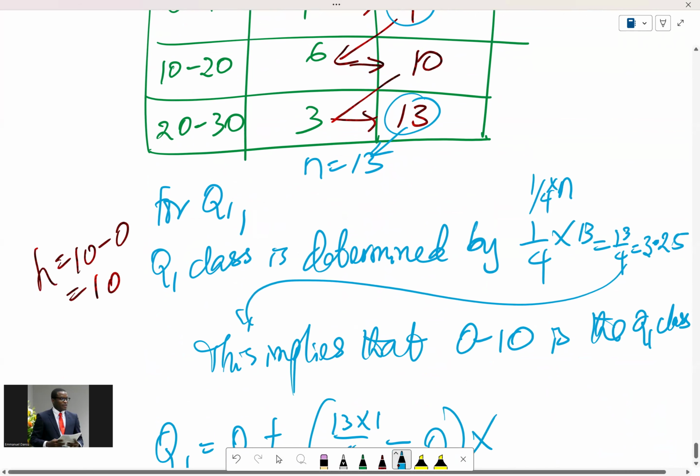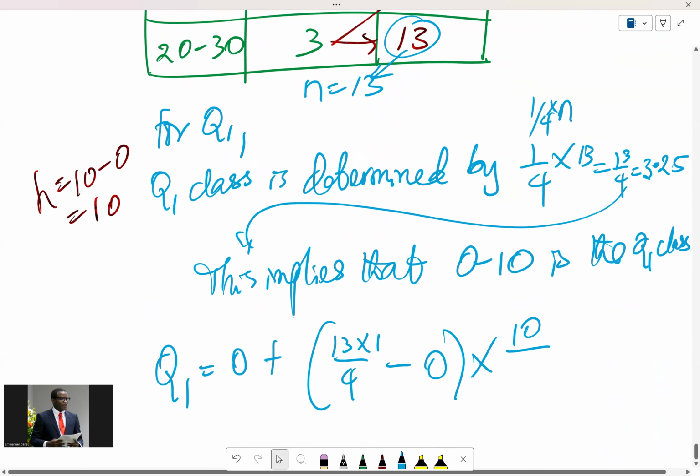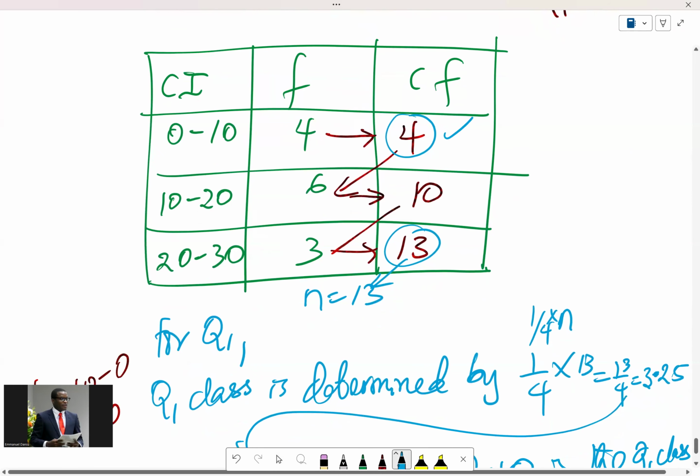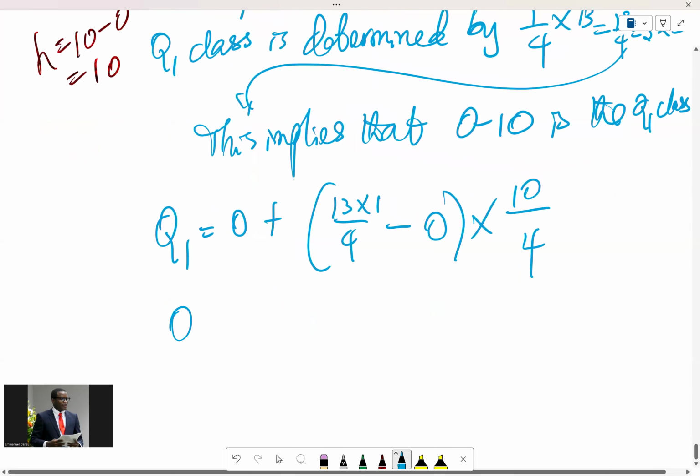That is divided by the frequency of the Q1 class, which is 4. So we have Q1 equal to 0 plus 13 over 4 minus 0, times 10 over 4.